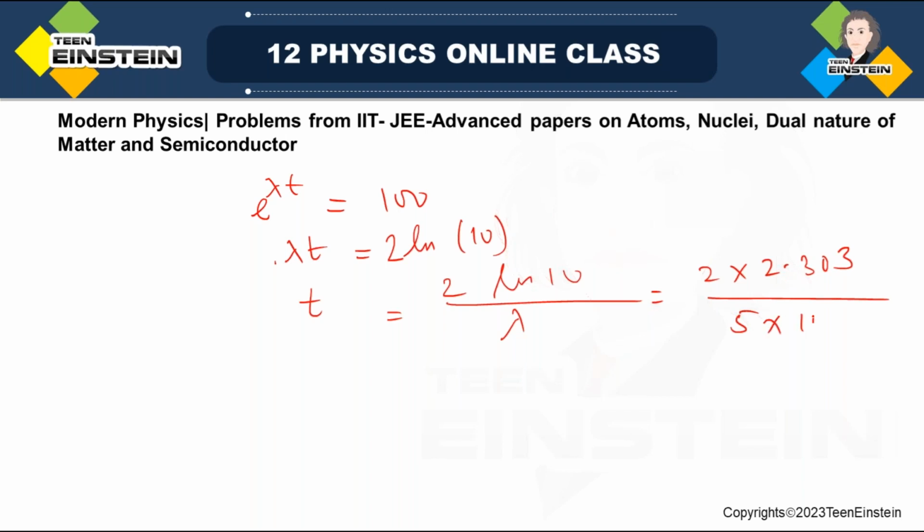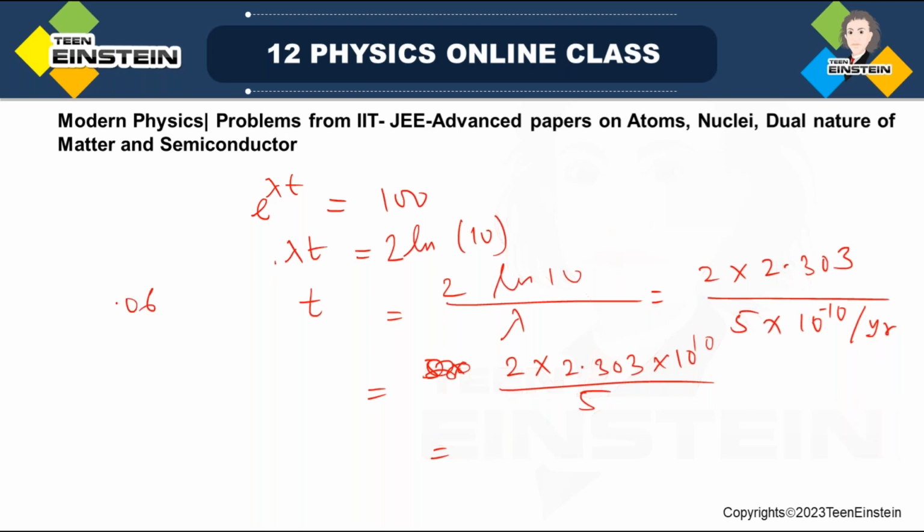Total lambda is 5 into 10 to the power minus 10 per year. So this will be 2.303 into 10 to the power 10 divided by 5. If you do the calculation, how much do you get? Let us just do this.